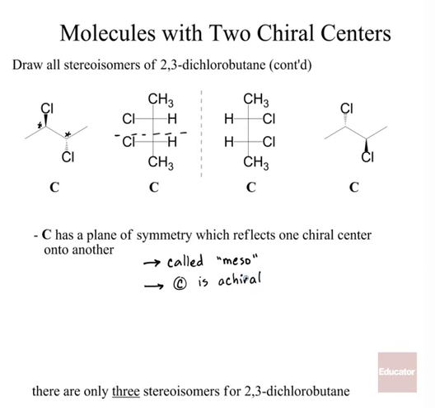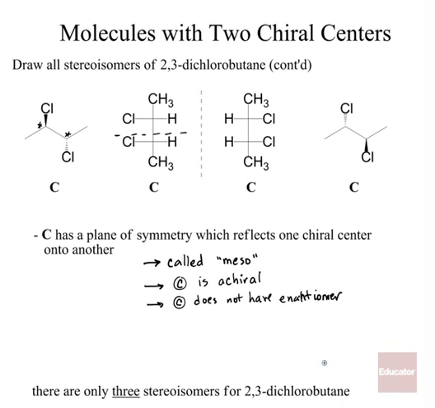It is no longer chiral if it has a plane of symmetry, and if it's achiral, C does not have an enantiomer. Of course, it has a mirror image. Everything has a mirror image, but what makes it not its enantiomer is the fact that the mirror image is superimposable, identical with the original structure.